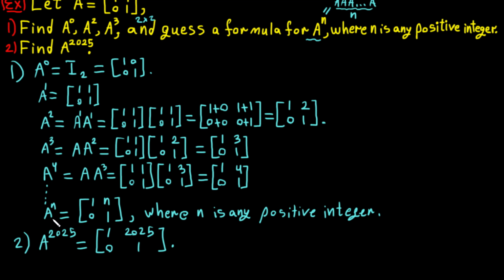For example, diagonalize the matrix A. I will talk about this, how to diagonalize a matrix to compute powers of a matrix. To diagonalize a matrix, you have to know what is the eigenvalue and eigenvector. I will illustrate this later at some time in the future.